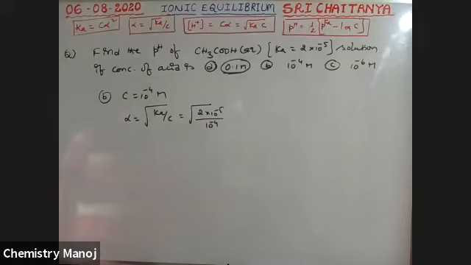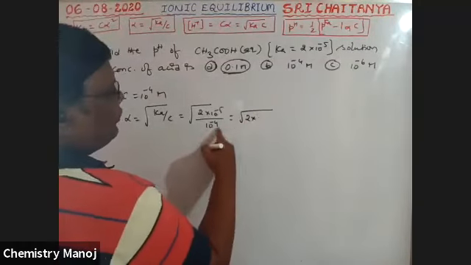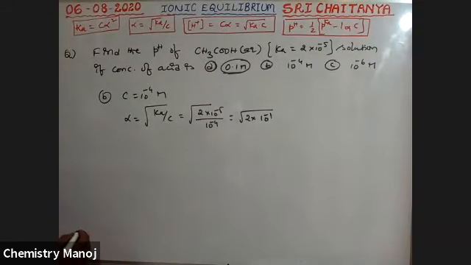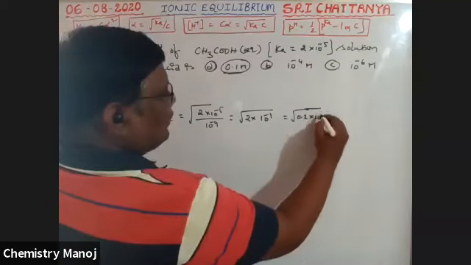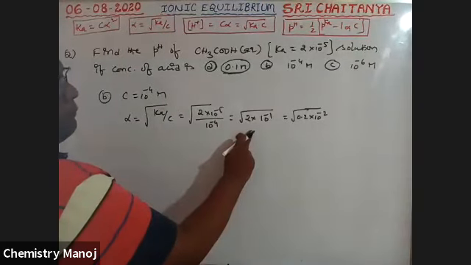Which is equal to root 2 into 10 power minus 1. Am I correct? Root 2 into 10 power minus 1. How much is the value?